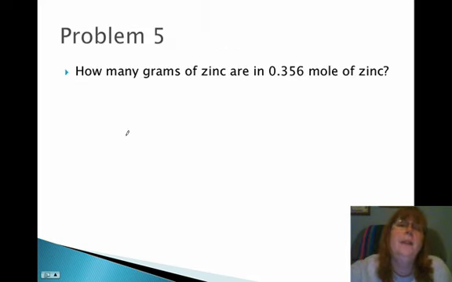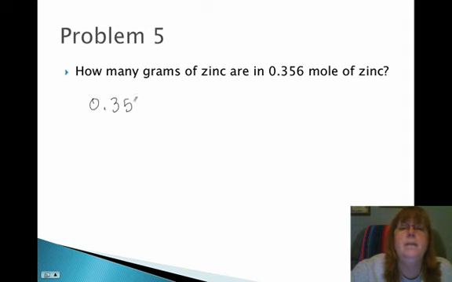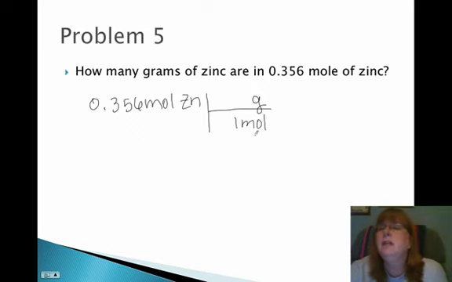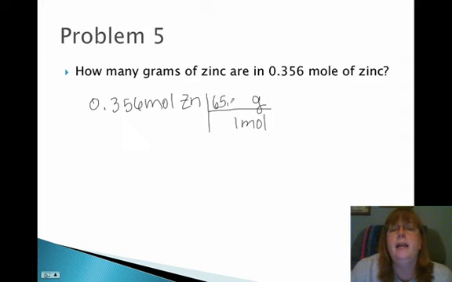All right, now we can go the other way. We can start with moles and go to grams. So we have this many moles of zinc and we want grams. We start with moles, we want grams. So we're going to multiply by the molar mass of zinc. So you can look on the periodic table and it's 65.38 grams per mole.